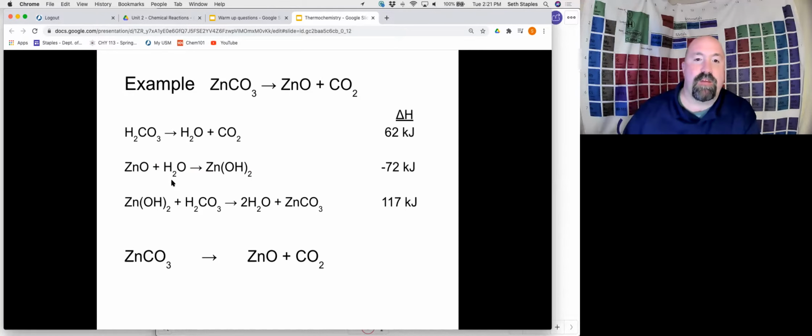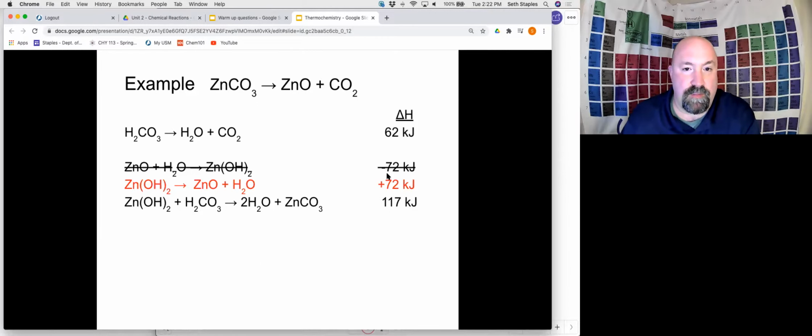And one thing that we see here as I look through these, I see that here in equation 2, zinc oxide is a reactant, but I see that I need zinc oxide as a product. So I'm going to reverse that equation. And when I do so, I'm going to reverse the sign of my enthalpy. And then I'm just going to cross that out. Sorry, it looks like my target disappeared from down below, but it is still up top.